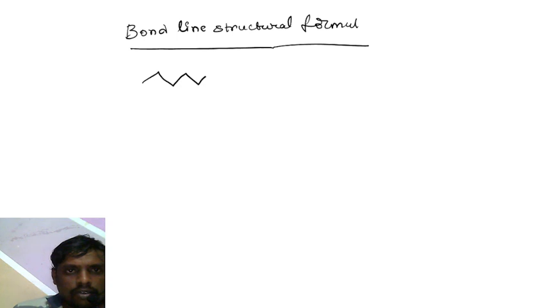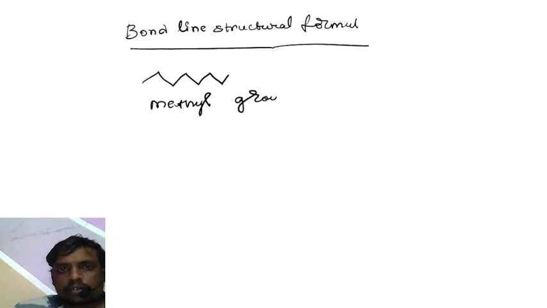This is called the bond line structural formula. Specifically, if you want to represent a methyl group, you can mention the methyl group by this bond line formula.